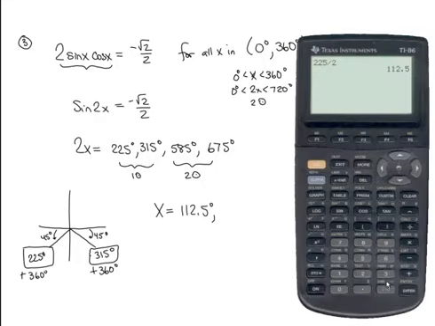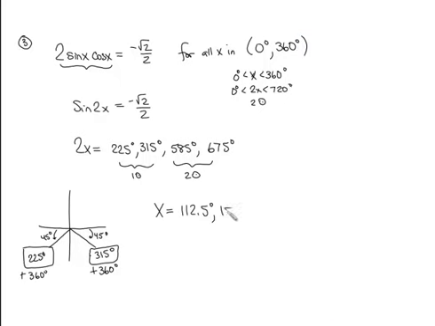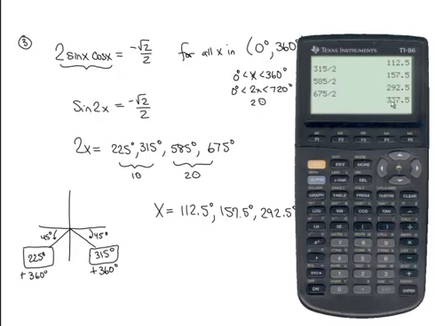And let me punch in the rest of these. 315 divided by 2, 585 divided by 2, 675 divided by 2. And so I end up with 157.5, 292.5, and my last one was 337.5.